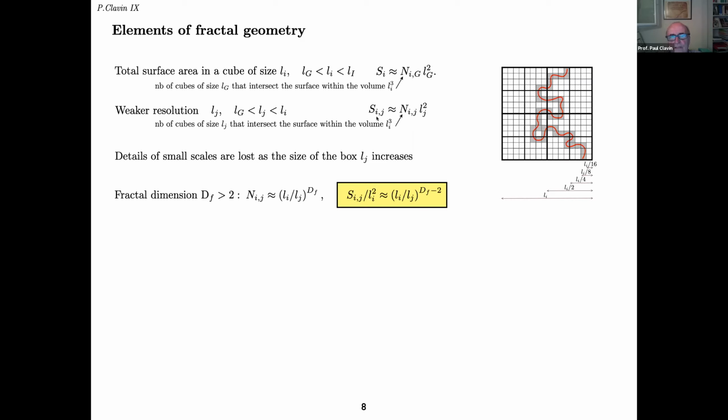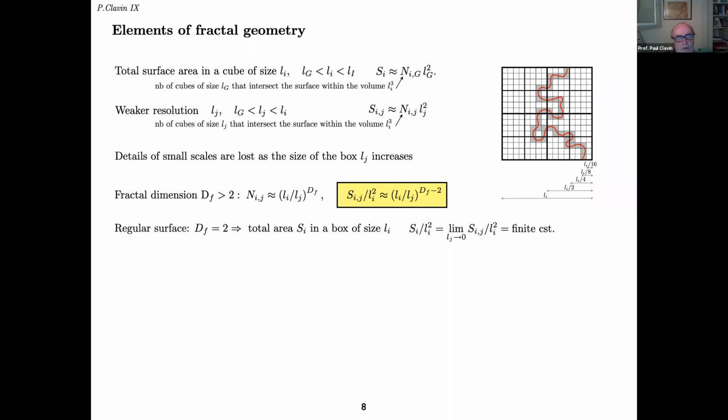So you define now a surface here, and a fractal dimension is when this number varies with a power law which is larger than 2.